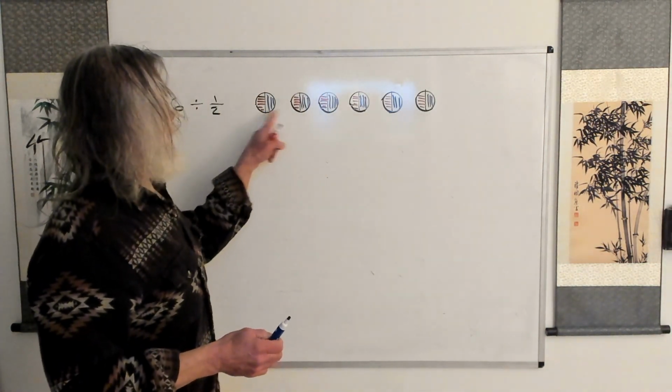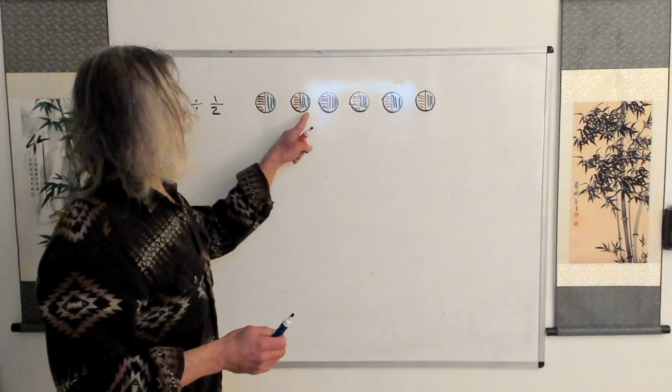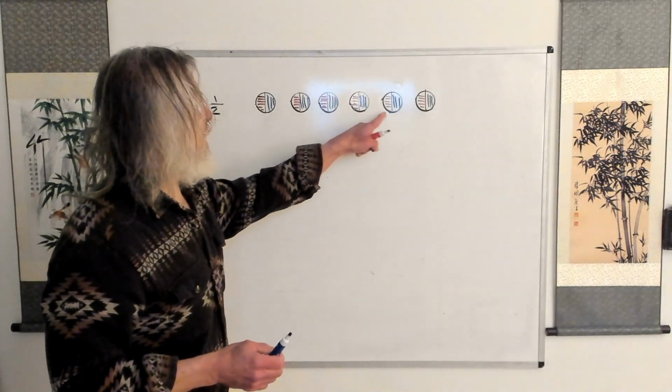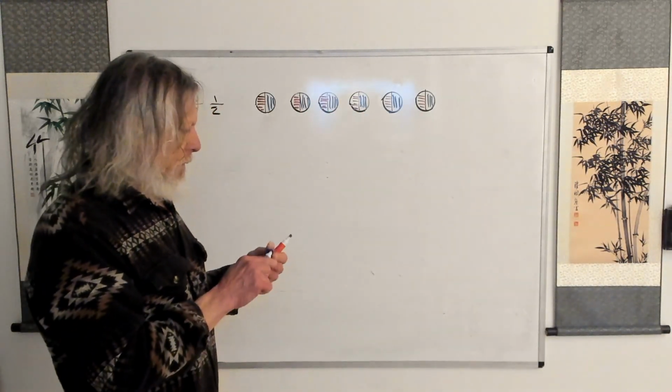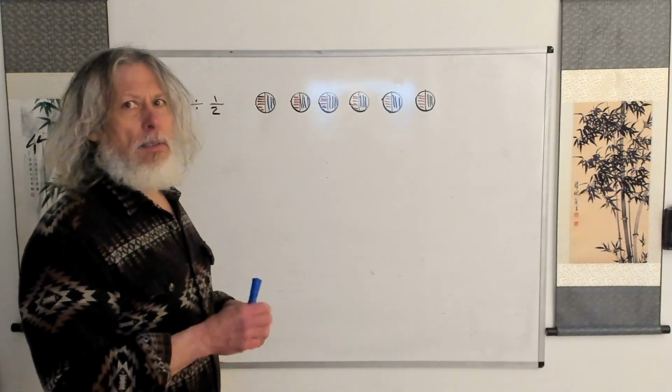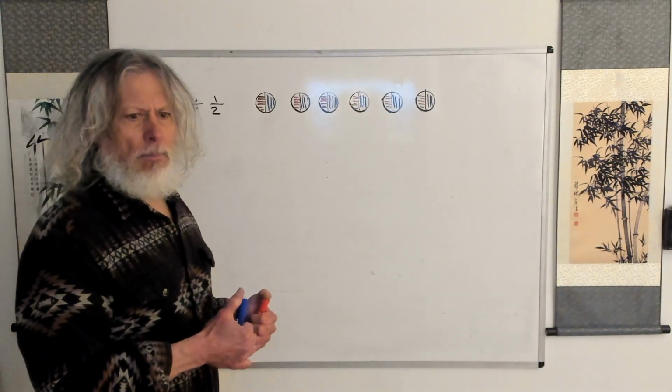So red, blue, 1, 2, 3, 4, 5, 6, 7, 8, 9, 10, 11, 12. 6 divided into halves is 12.